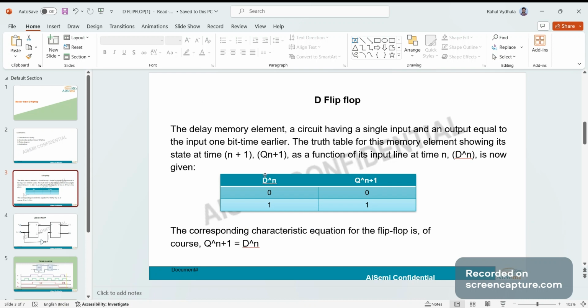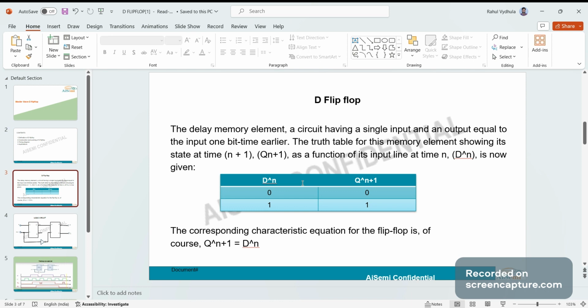For example, it is having one input and we are considering an output. The output is equal to the input of a bit earlier. That means the output is a bit earlier than the input.